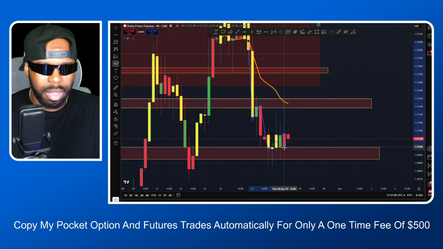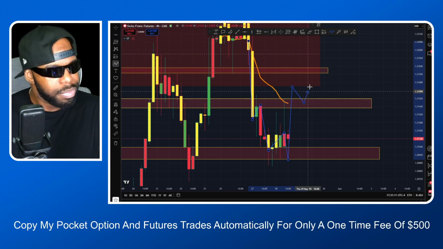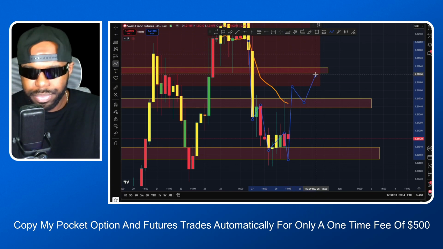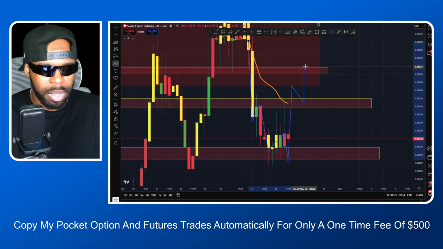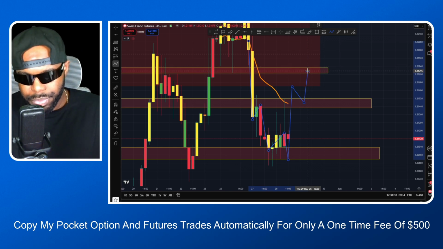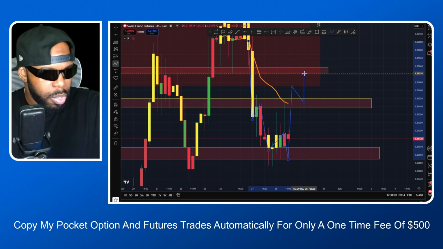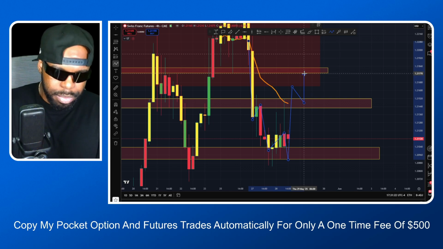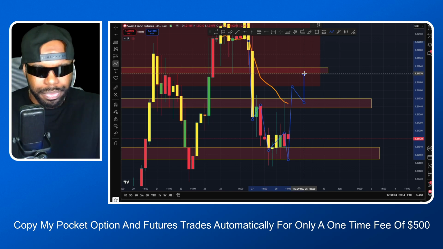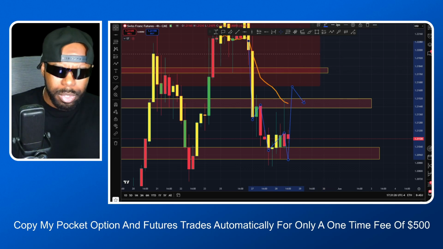If price closes above here or here, then you can definitely see that the market structure is changing. So now the 4-hour is telling you that you're going back into the uptrend. All right, so hope that makes sense, y'all.